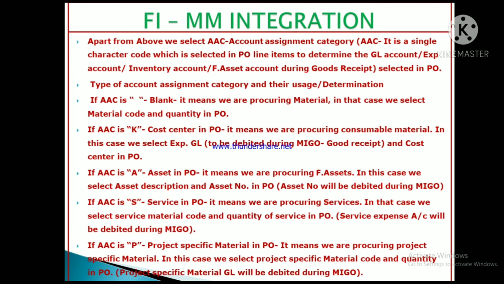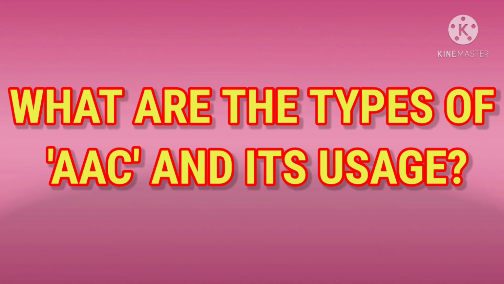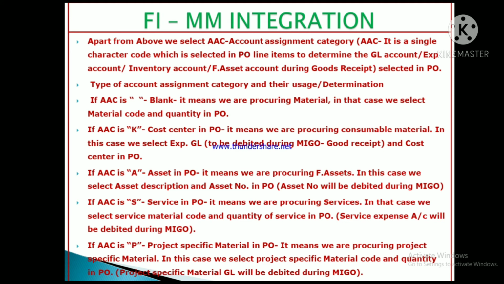Now we will talk about the types of account assignment category. What are the types of account assignment category and their usage? The first one is if the AAC is blank.